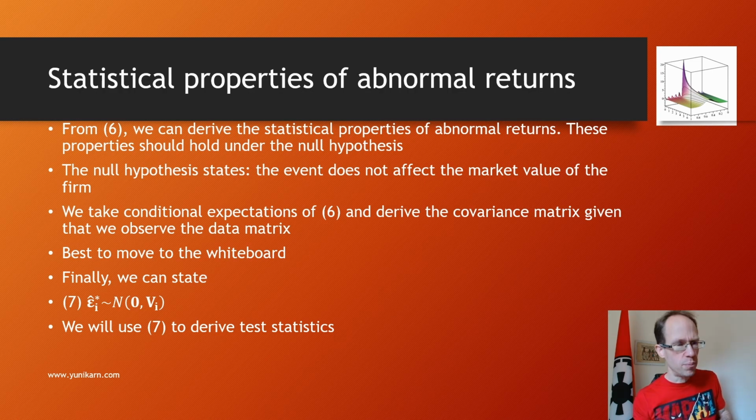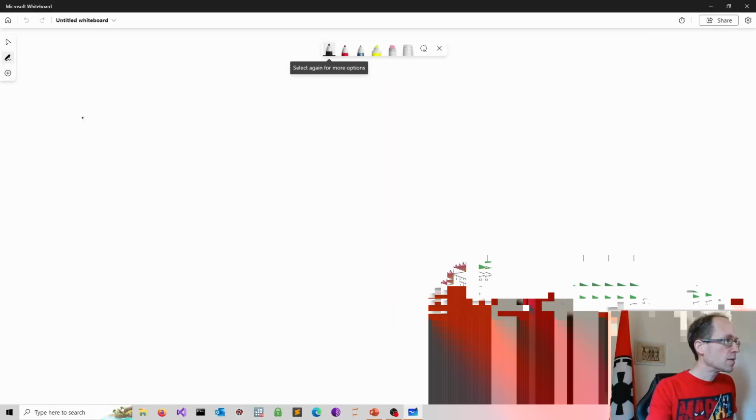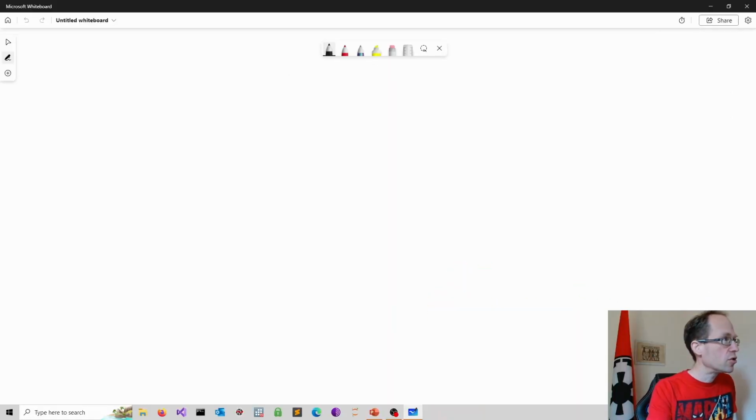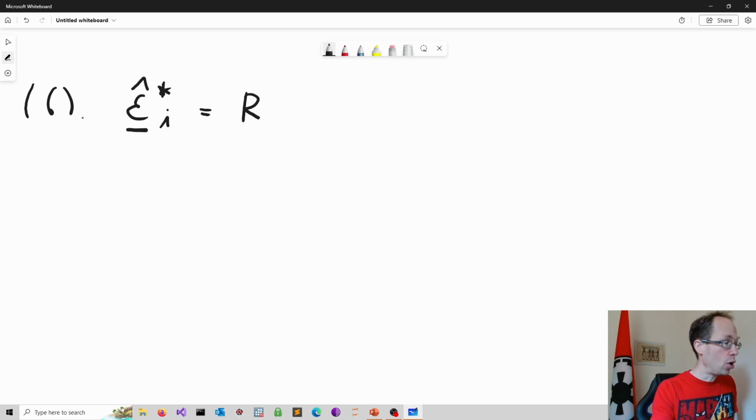Let's move again back to the whiteboard. So let me start with equation 6. We have our abnormal return in the event window. So I use the little star to indicate this. It's an estimate, so I put a hat on top. And this will be stock specific, i. So notation now gets a little bit wild. I look at my observed return. So again, that's during the event window.